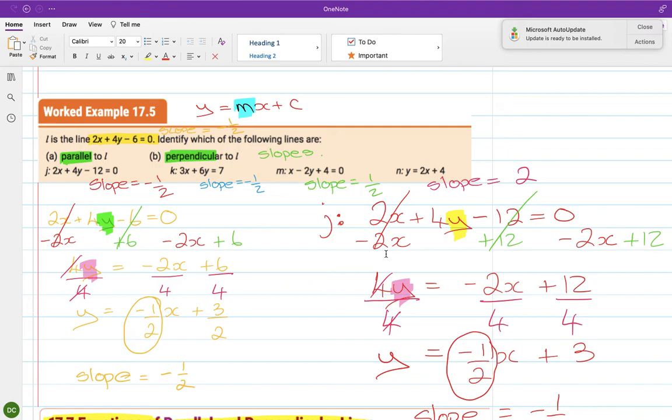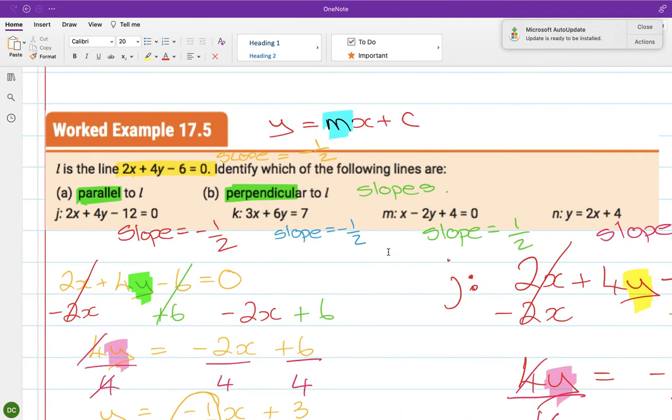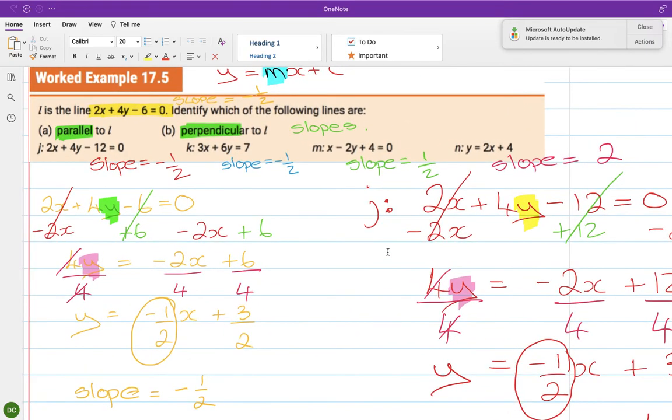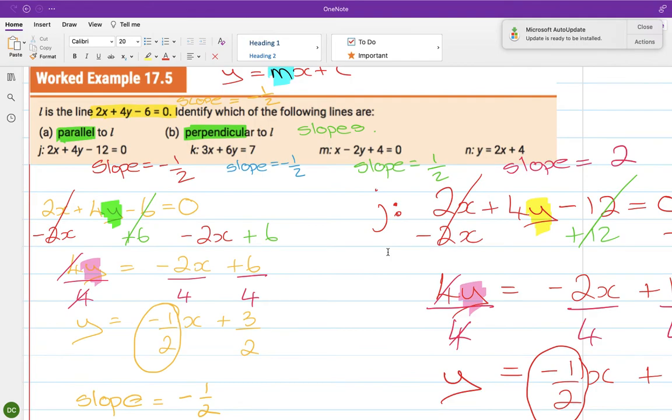Okay, so we found the slope of the yellow line at the top there to be minus a half. So we have to identify which ones are parallel and which ones are perpendicular. So remembering that parallel lines have the same slope.